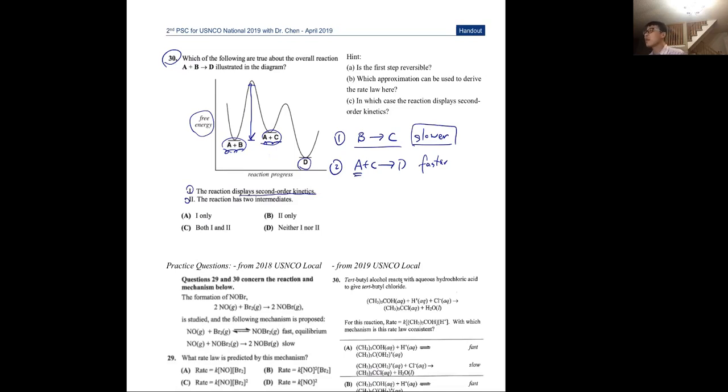I worked for a while and then realized the A is not involved in the first step. And the reaction obviously has only one intermediate, which is C, right? So the answer to the question is clear. I have a few questions here. Is the first step reversible?